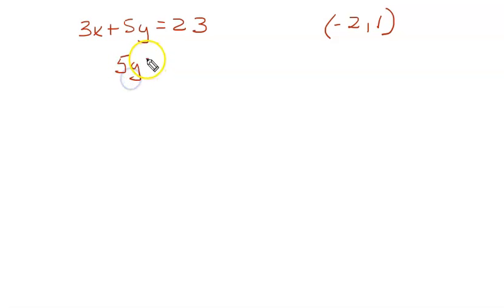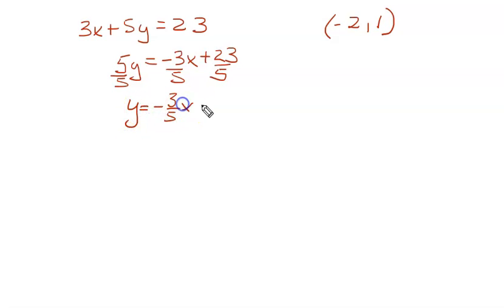So 5y, transpose the 3x to the other side becomes -3x. Divide both sides by 5. We then get y equals -3/5 x plus 23/5. So we know in order for this new line to be parallel, it has to have the same slope.